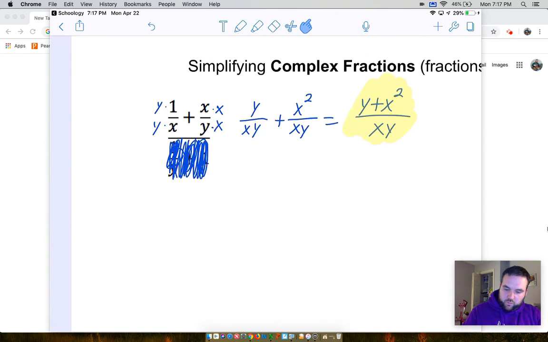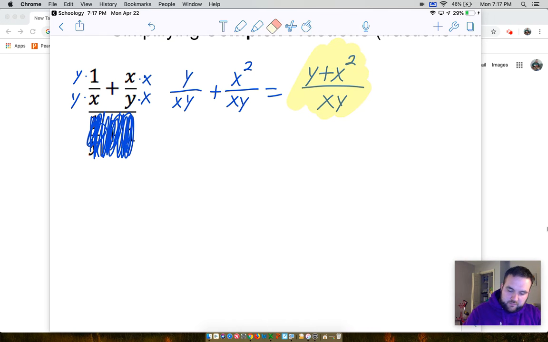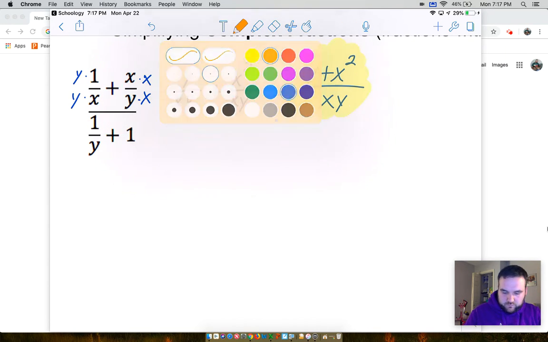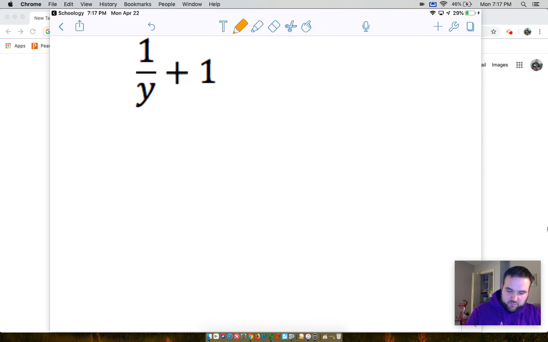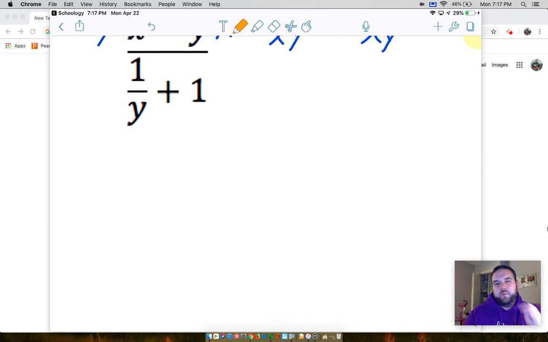And now we're going to take a look at the bottom, and again, imagine that this is just the problem we have to solve. This is the first time we've done one where it's a fraction plus a number. The easiest way to do this is to write the whole number as a fraction, so 1 over 1, which means I need a y on top and bottom.